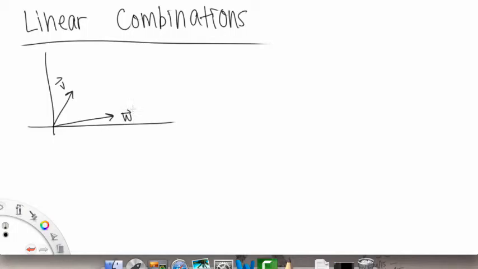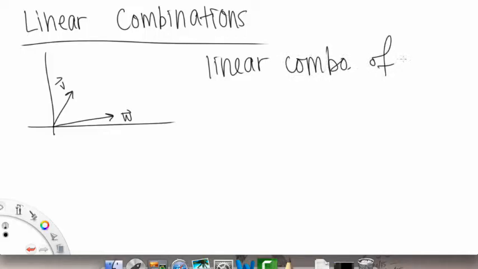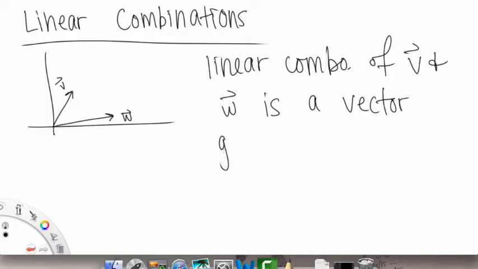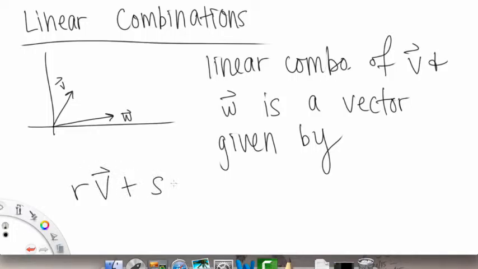Basically, a linear combo of v and w is a vector given by the following formula: r times the vector v plus s times the vector w, where r and s are scalars.